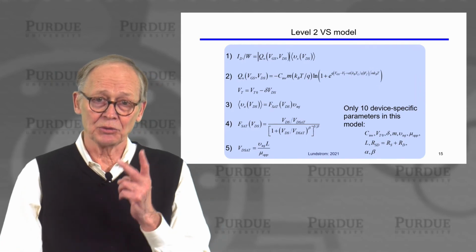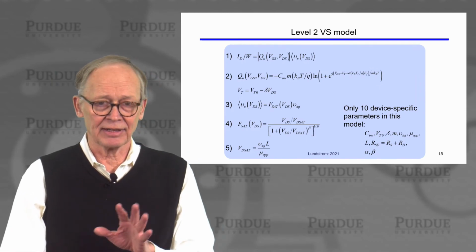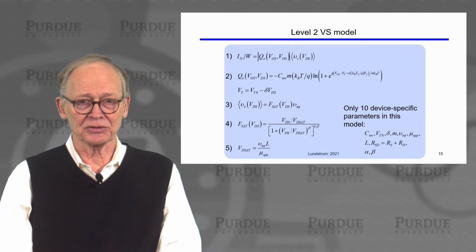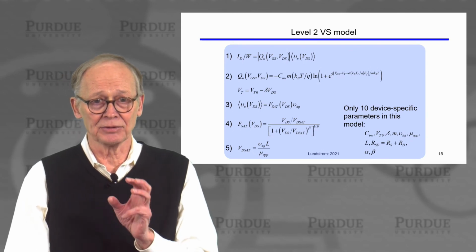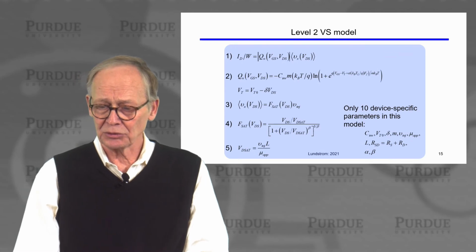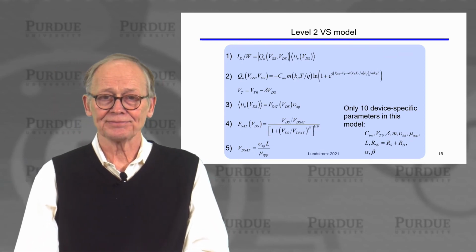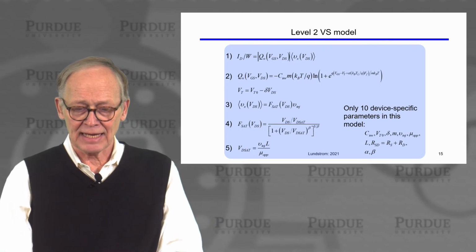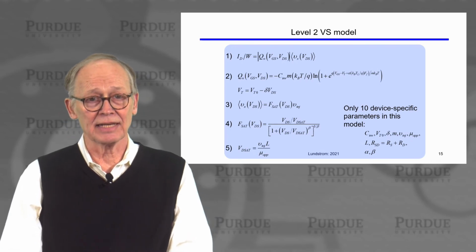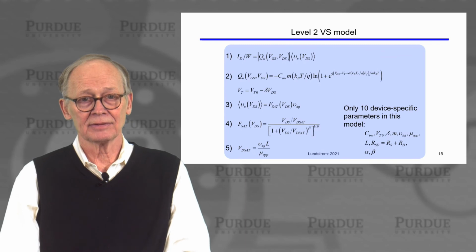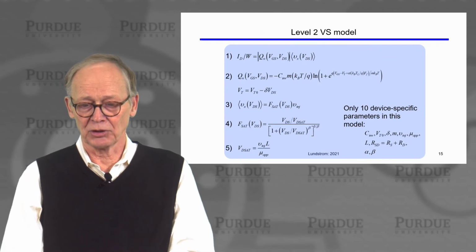Well, those two parameters are not empirical parameters that we adjust to fit data; they have a sound physical meaning. With those two parameters, we can take our level 2 virtual source model and extend it so that it accurately describes modern short channel MOSFETs.